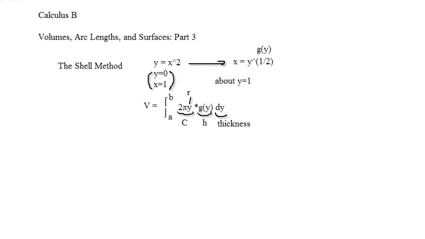Once you have this general formula written down, we'll start plugging in a little bit, but we have to draw it out just so we have an idea of what's going on. So we draw our axis, get everything all set up. We'll mark out a 1 and a 1.